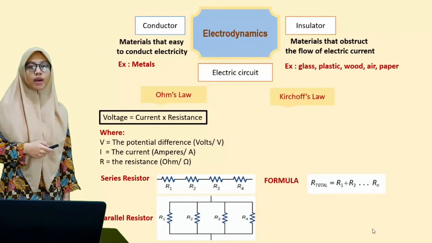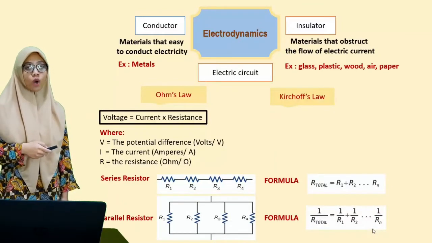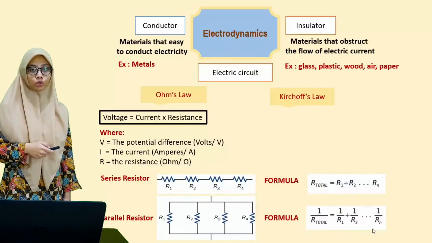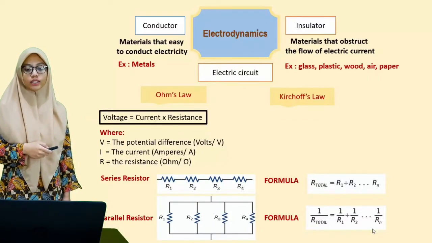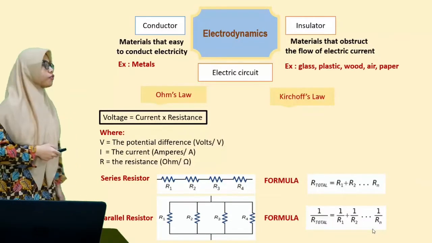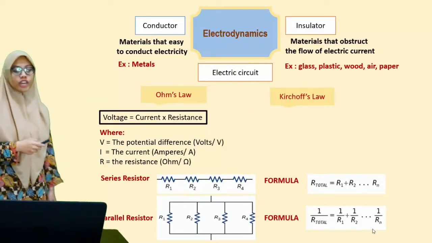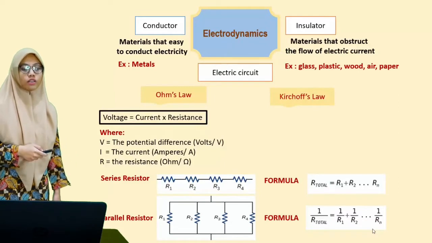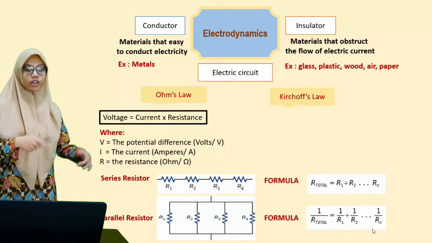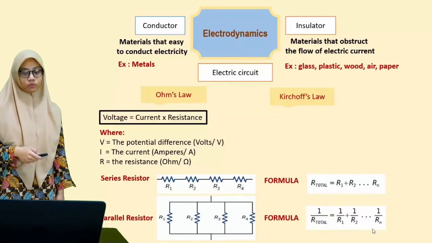If the resistor is parallel, the formula is 1 per R total equals 1 per R1 plus 1 per R2 plus 1 per R3 plus 1 per R4. From the formulas for resistor series and resistor parallel, you can get the value of the resistance. After this, you can enter it into the Ohm's law formula.